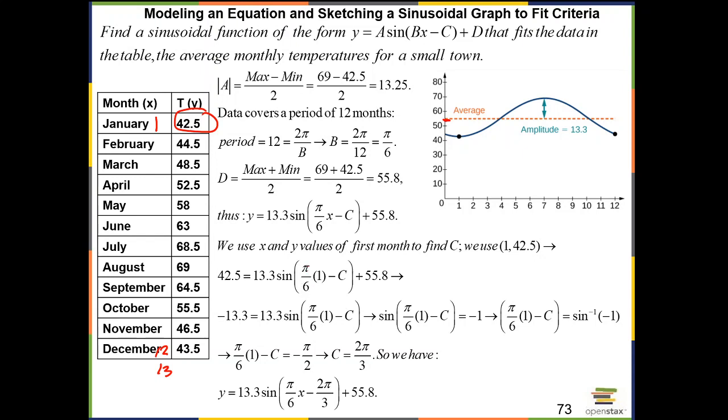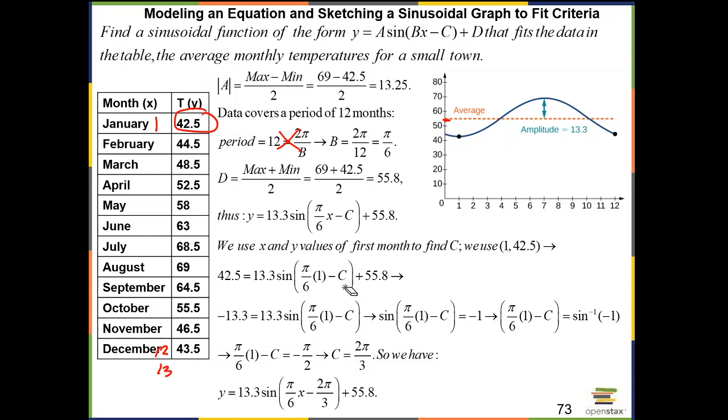What is B here? Well, let's see. The period here is 12 because it's 12 months. So 1 is the first month, 2 is the second month, and so forth. That means the period is 12, and we know 2 pi divided by B is the period. So if you cross multiply and find B, B is pi over 6. So that's where we got B from.